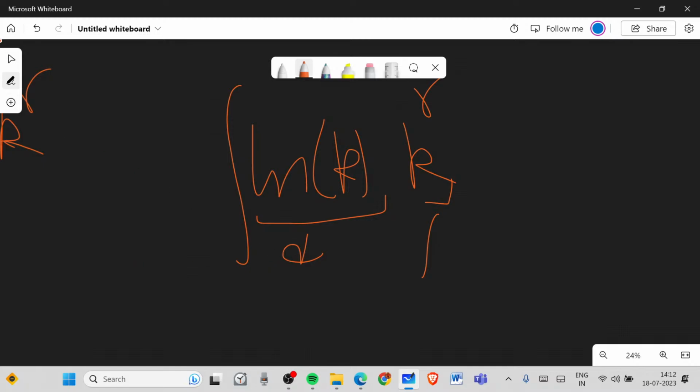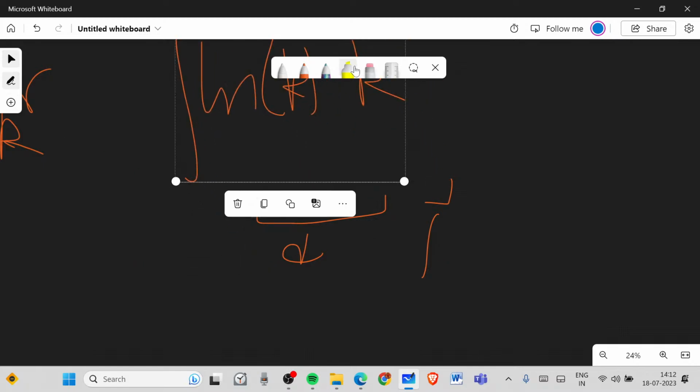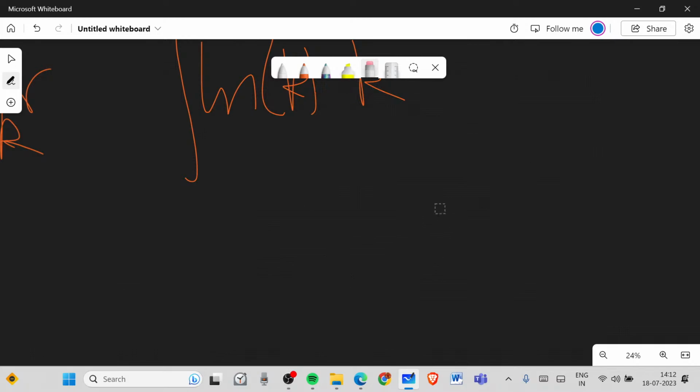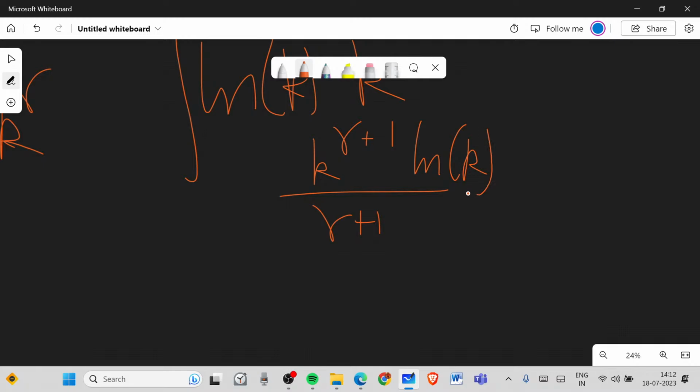So our indefinite integral is something like k to the power r plus 1 by r plus 1 ln k minus k to the power r plus 1 by r plus 1 whole square.